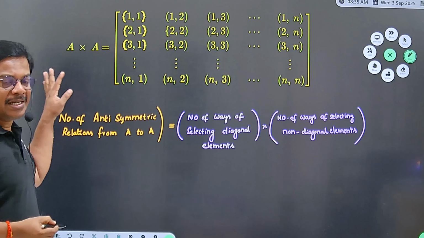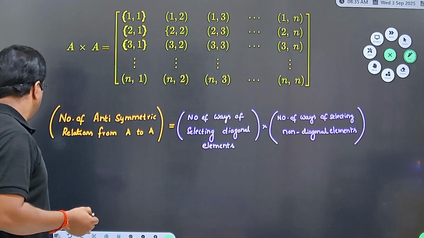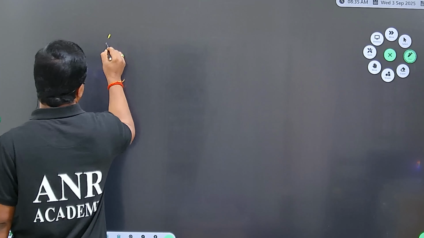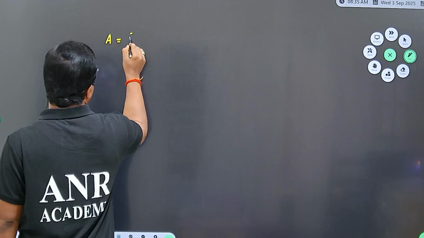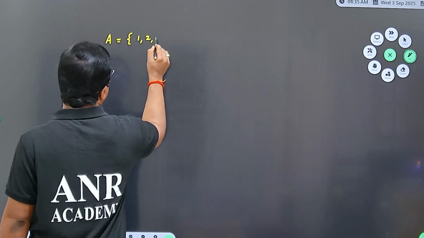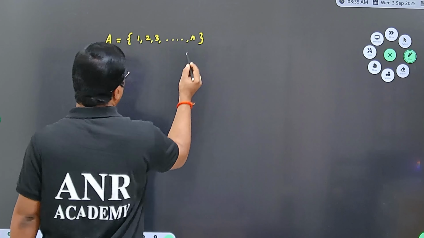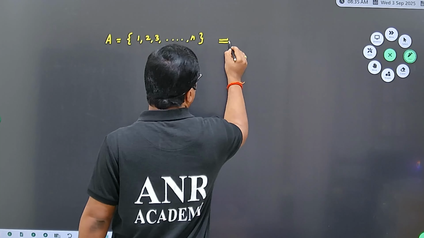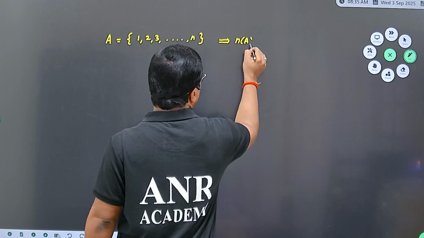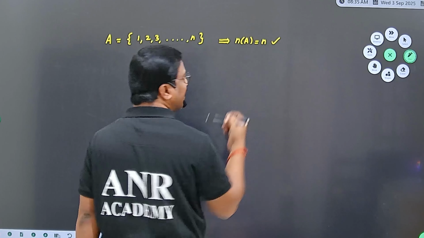Suppose A is a set having entries 1, 2, 3 and so on up to n. That is the cardinality of the set, suppose small n.